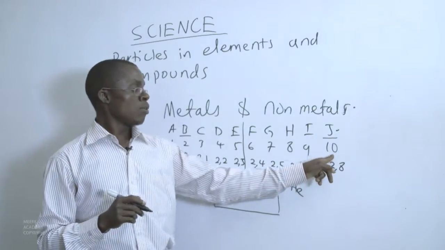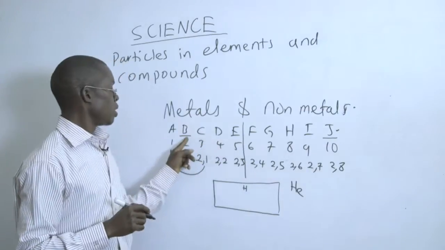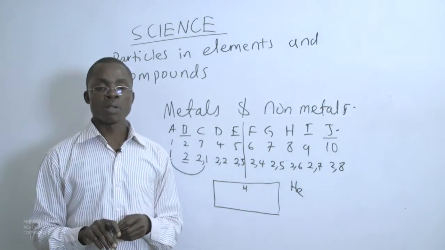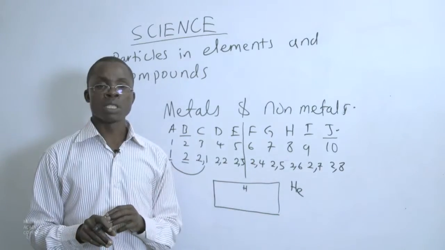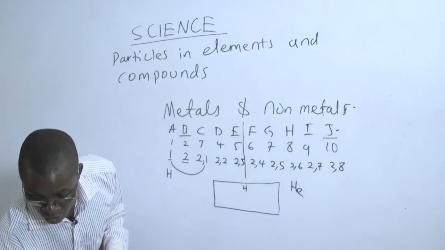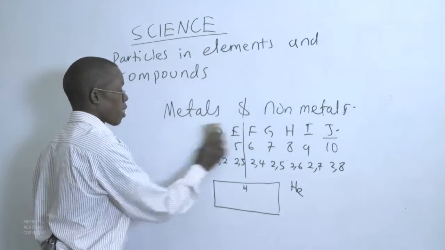The outermost energy level for the second energy level is 8. So J and B have their outermost energy level full, and therefore the best way to describe them is noble gases.